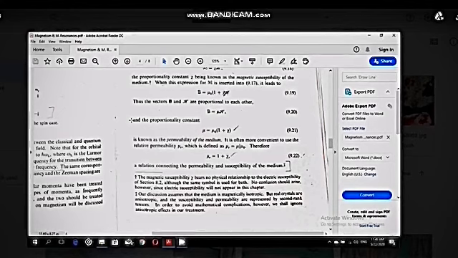So this is yet another magnetic parameter associated with the magnetism of a solid.